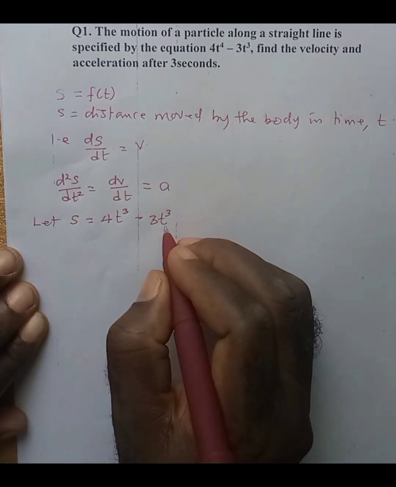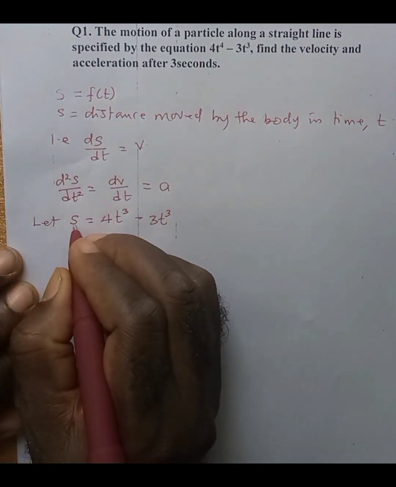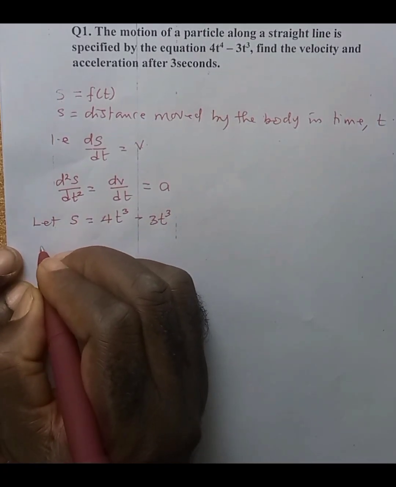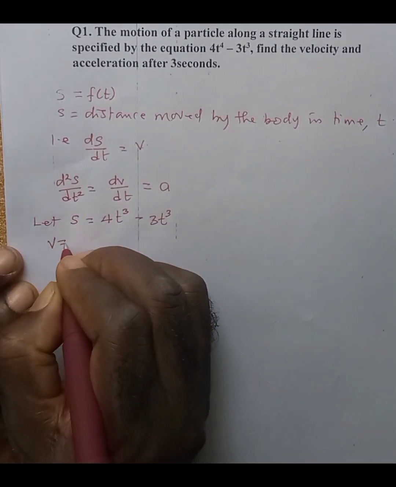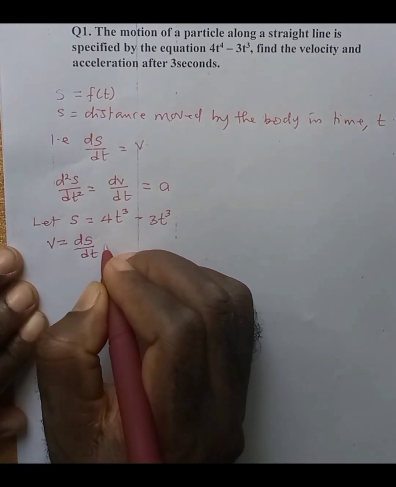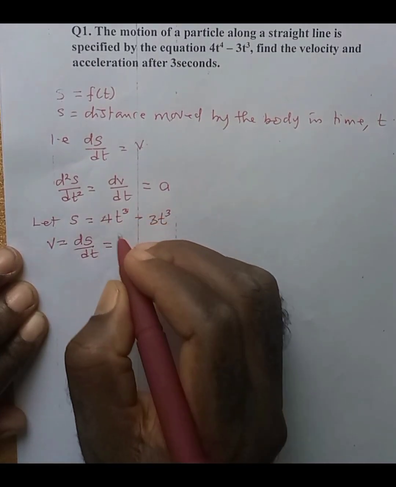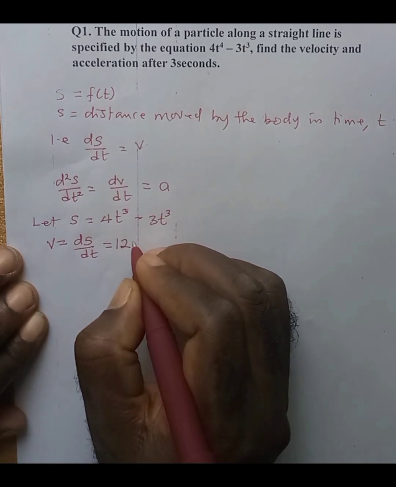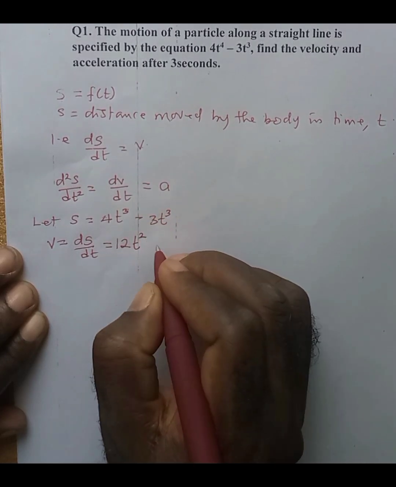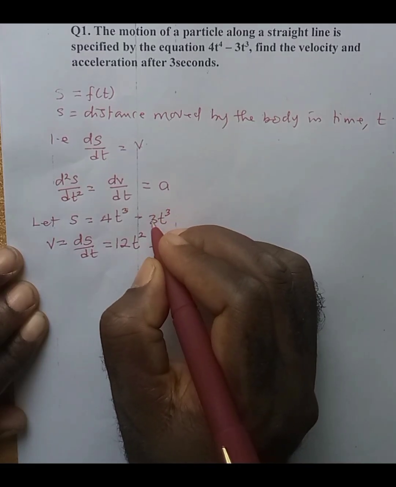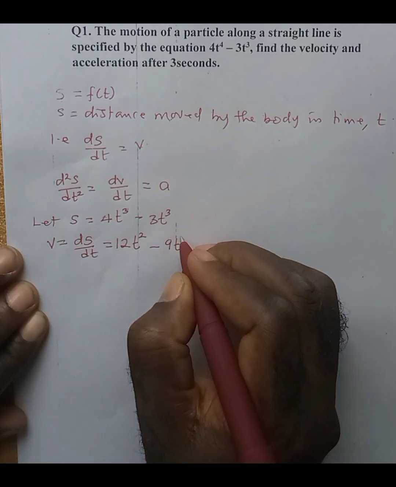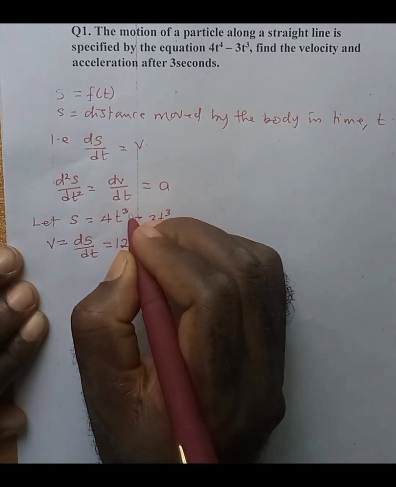Now, to get the velocity function, we have to differentiate this distance with respect to time, as I've said earlier. Then we have velocity, which is equal to ds/dt. When you differentiate this, you move the power to multiply, then remove 1 from the power.